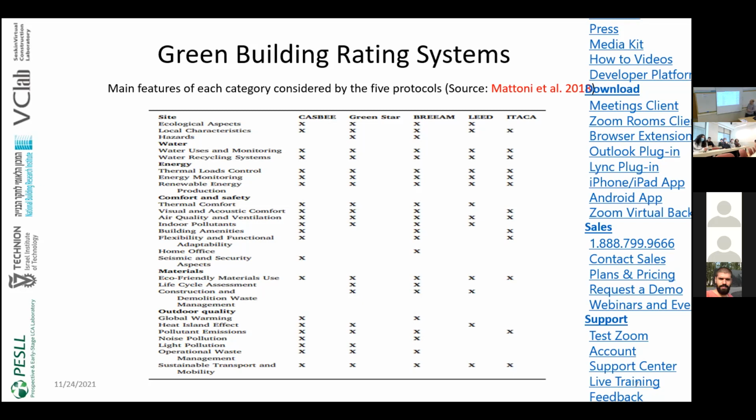But for example, on the site hazards, Green Star and Protocollo are interested in recommending some studies about this, but CASBEE, LEED, and ITACA do not take this into consideration. The same thing, for example, in the materials. Completing a life cycle assessment for the product that you use in the project is required in Green Star and Protocollo, but not required in LEED, ITACA, or CASBEE.